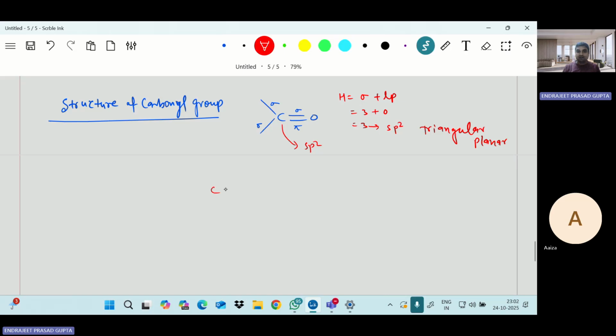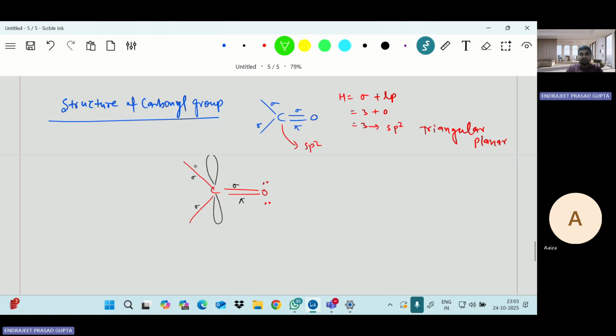This is carbon, double bond oxygen, and this oxygen has two lone pairs, and this carbon has one vacant orbital. This is a sigma bond, this is a pi bond, this is another sigma bond. So one s and two p orbitals make sp2 hybrid orbitals, and this is triangular planar.